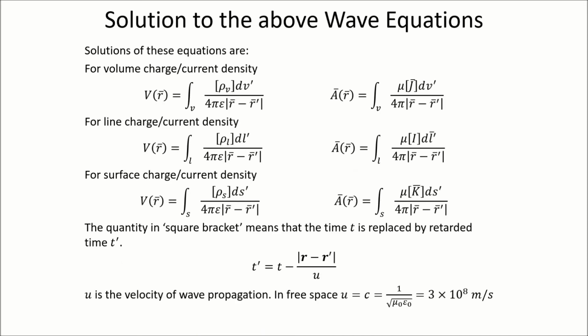Solutions to the Poisson's equations are shown in this slide. The expressions are similar to the expressions that we already obtained for the static case, because the del squared term is the very same in both static and time-varying cases.